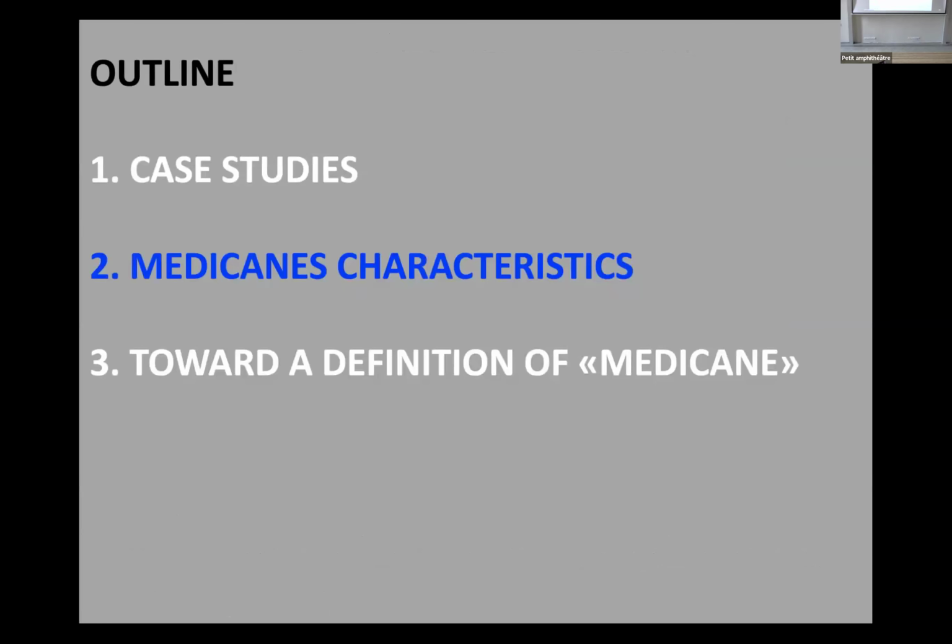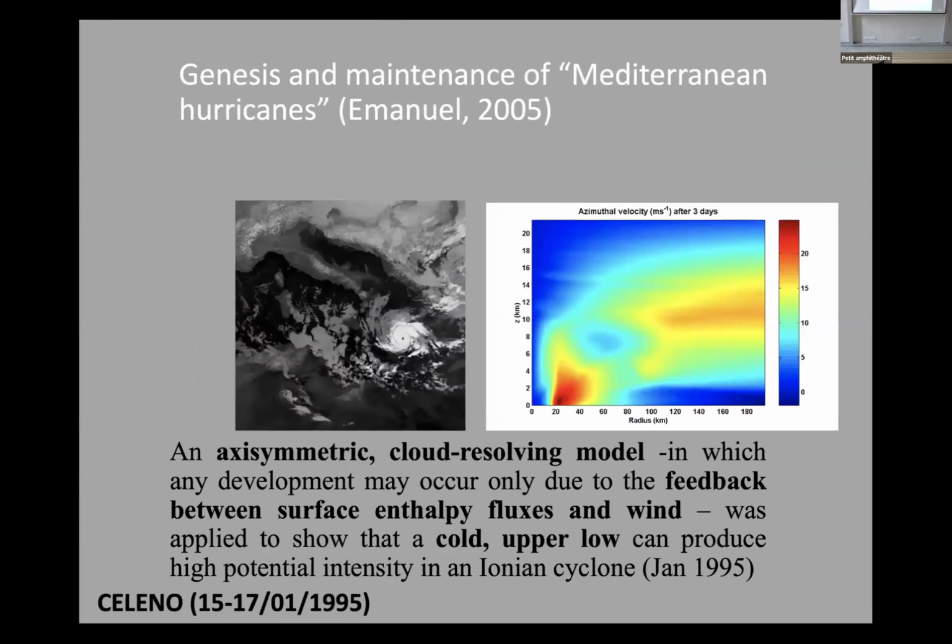Medicane characteristics. So I would like in this part to provide some information about some particular features that are common or differentiate Medicanes with different categories somehow. The starting point is what was shown by Kerry Emanuel the other day. So the reference paper about the Mediterranean hurricane is this paper from 2005, where this Ionian cyclone was discussed.